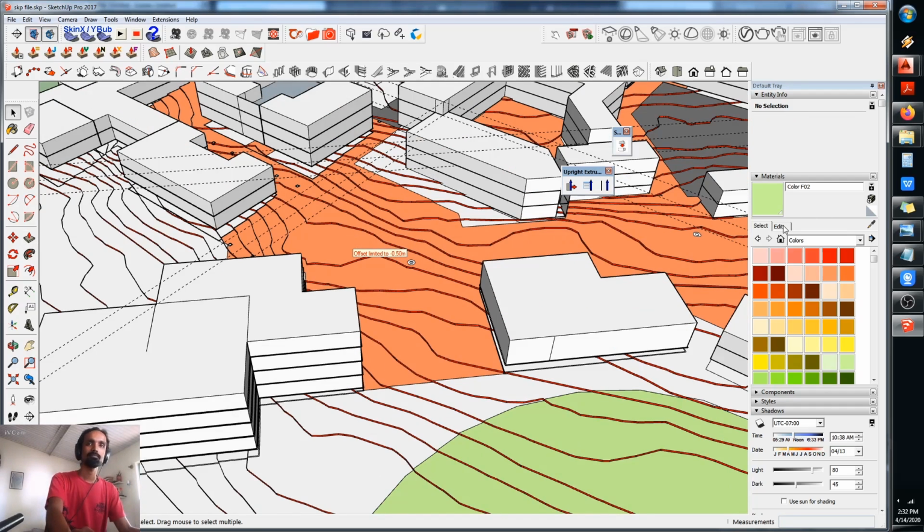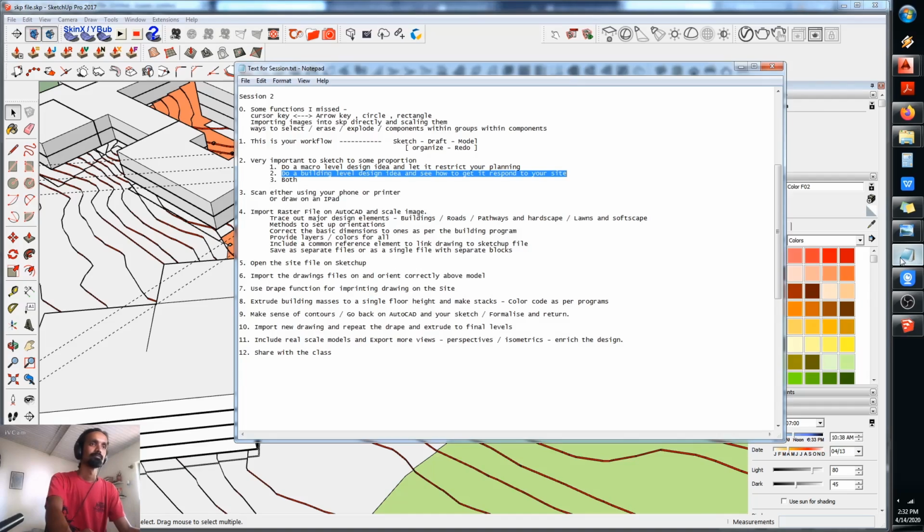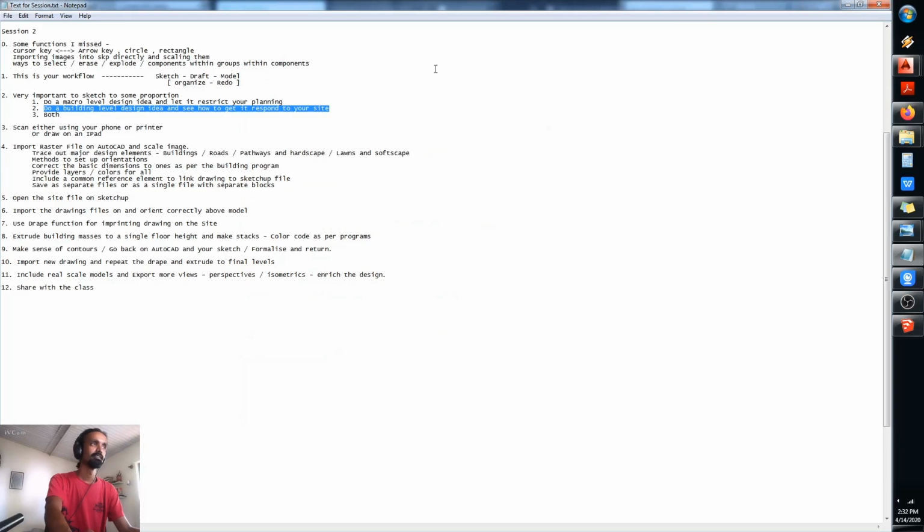So whatever method I've given, I've outlined on the notepad file also. Once I use my drape function, I create my building masses, I get a sense of the contours, I go back onto that, I figure out what my ground floor level now is going to be.